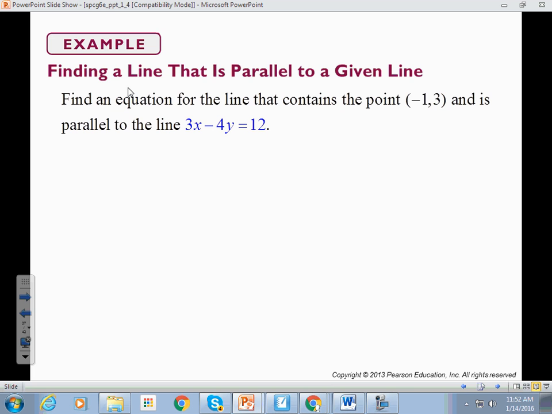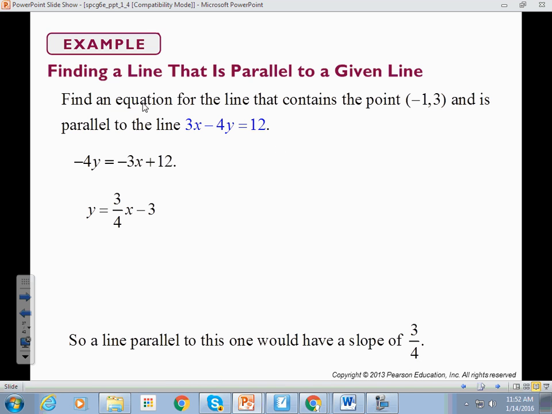All right, so this is how we'll usually see this information. Given a point on a line that we know is parallel to another line, find the equation of that line. So the first thing we're going to do is solve for y, so we can find the slope. When we do that, we get 3/4 x minus 3, so the slope is 3/4.